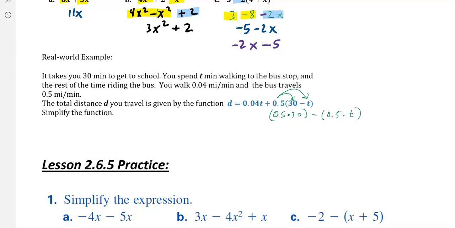Now everything else is just going to come down. So the plus sign comes down, 0.04t comes down, and d comes down. Okay?